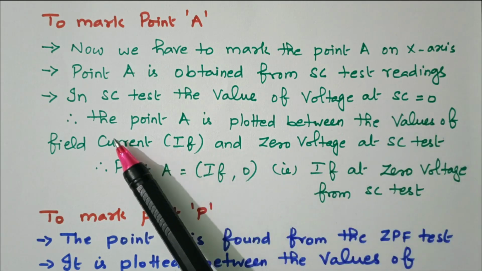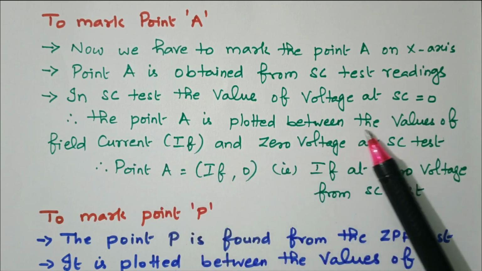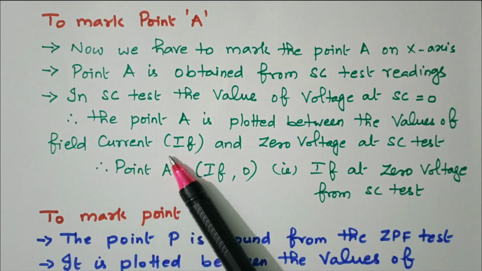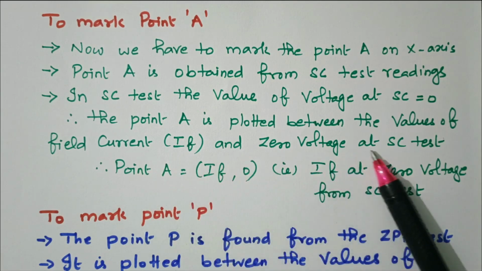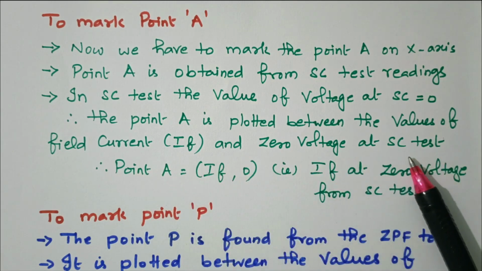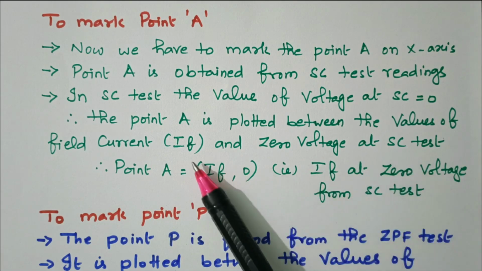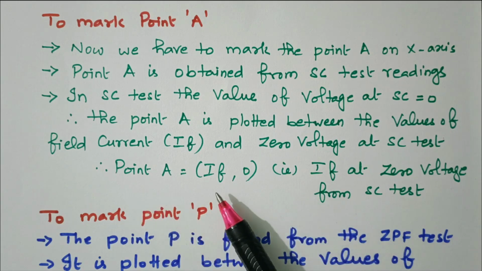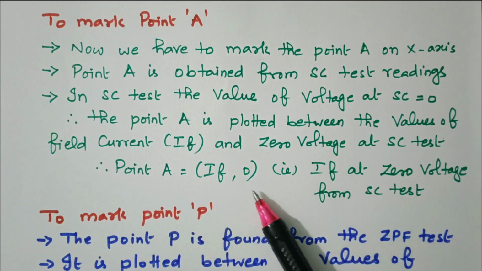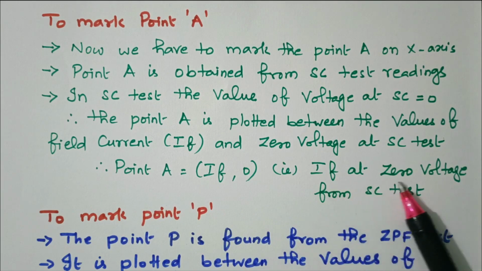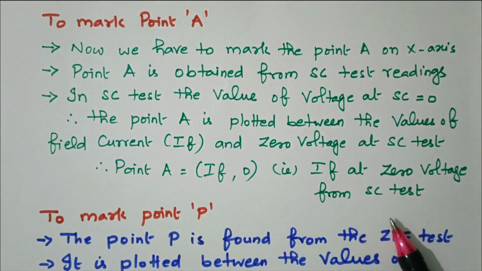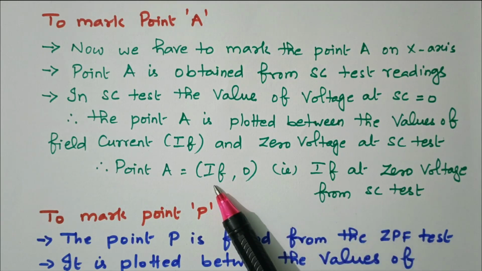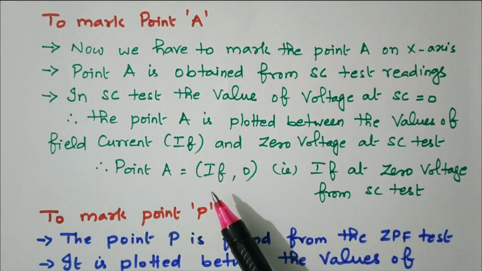That is, the point A is plotted between the value of field current IF and 0 voltage at short circuit test. In the short circuit test, what is the field current at 0 voltage? That is, point A equals IF, 0. That is, IF at 0 voltage from the short circuit test. So the voltage is 0 and the current IF is available. That will give the point A.